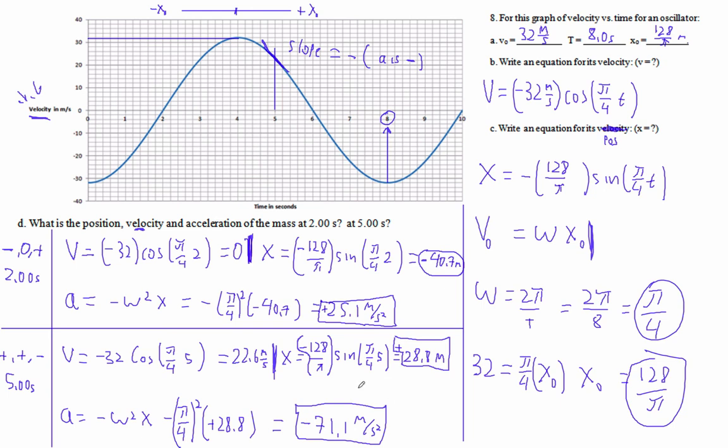Oh, no. That seems like a big number. Okay, hold on. Let's go this guy times the opposite of pi over 4. I did pi over 2.